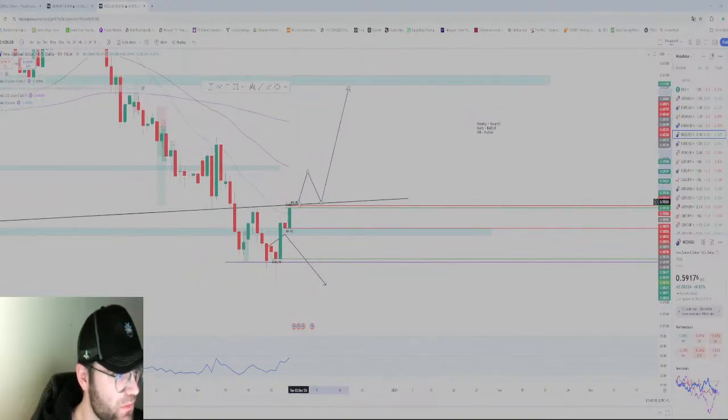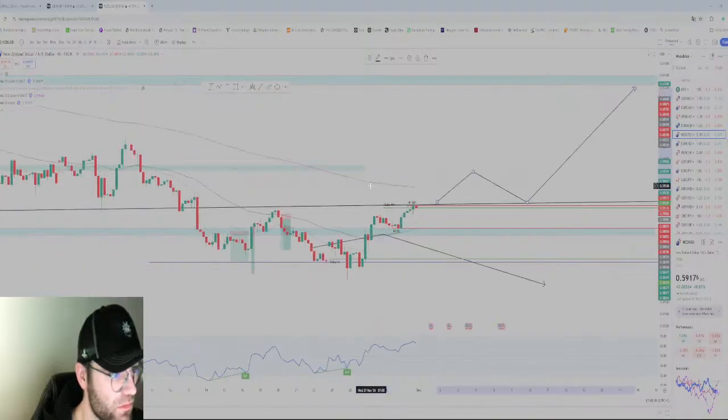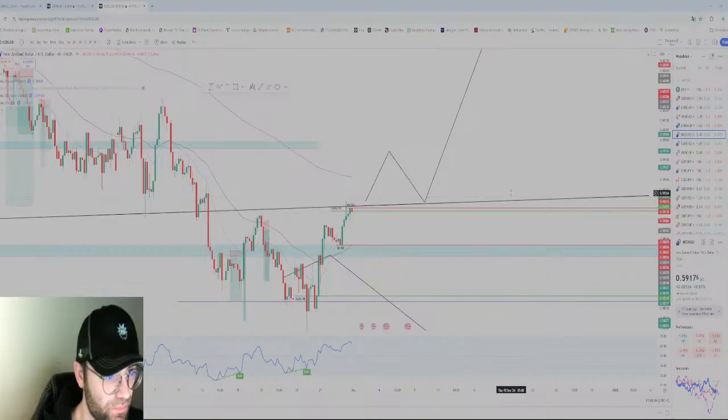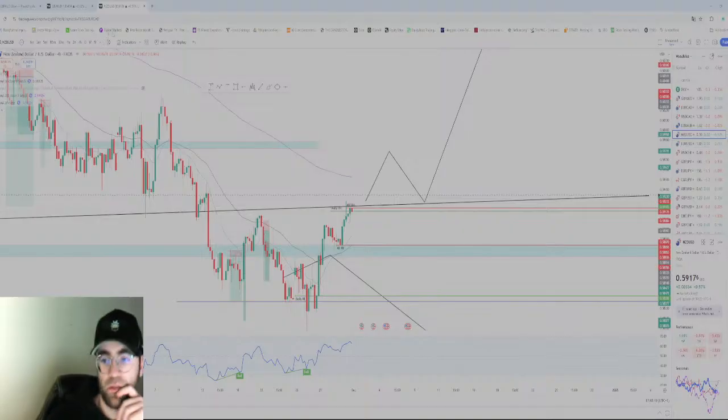Okay, so that's what I'm going to put my alarm for. If this happens, I'm okay with entering the trade. Little trend line trade, which I don't really often do.